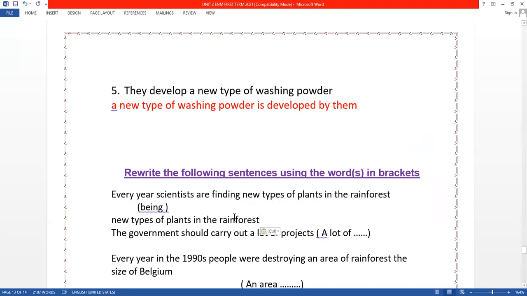New types of plants in the rainforest, of course, this is plural, are being found every year. Good. Again.